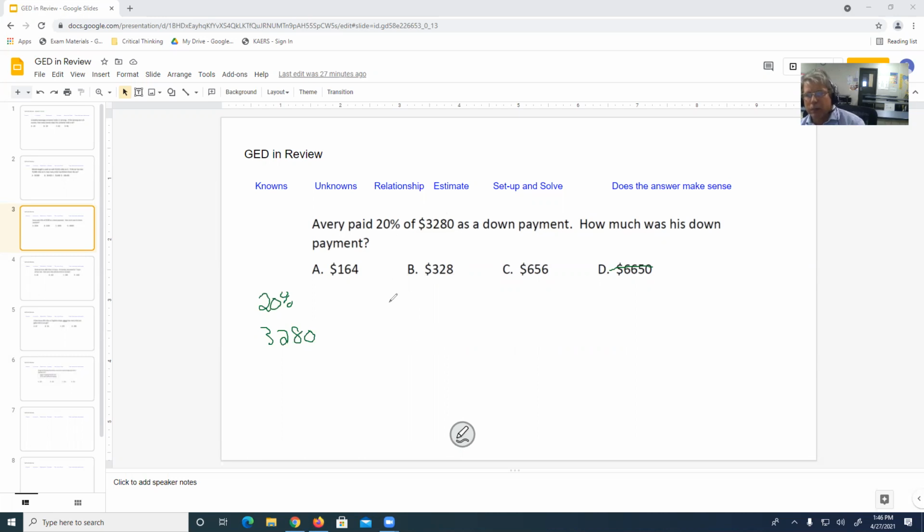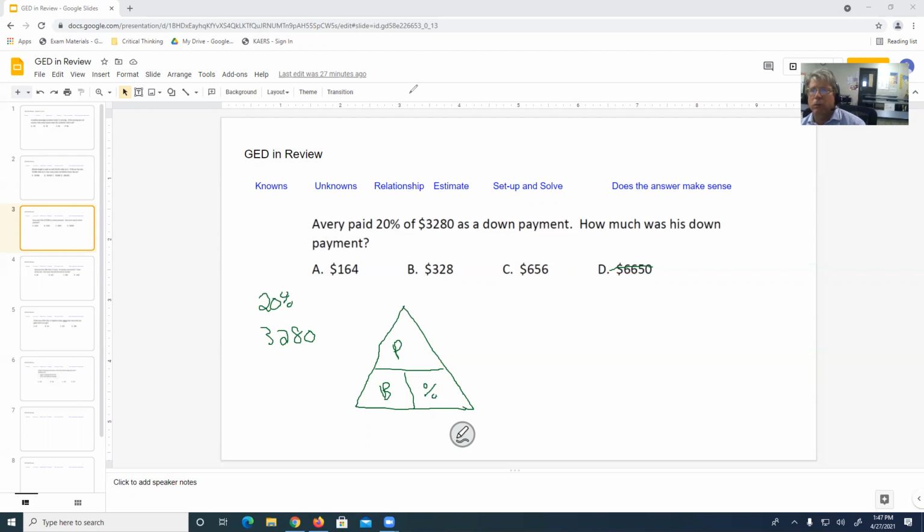Now, one thing to pick up on in math though is, as far as the relationship goes in percentages, what I like to use is what's called the triangle model to organize my relationship with percents. In this triangle model, the part or the portion goes on the top, the whole amount or the base amount goes over here on the bottom, and then the percent goes over here.